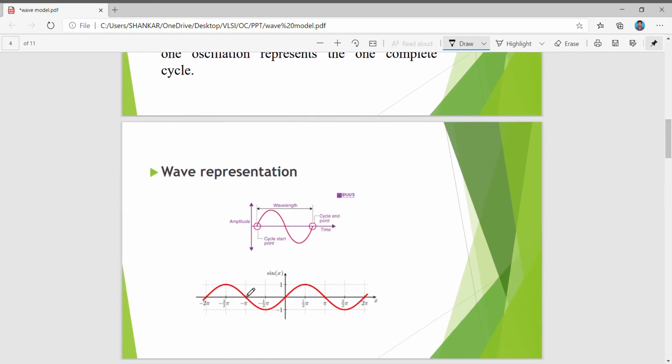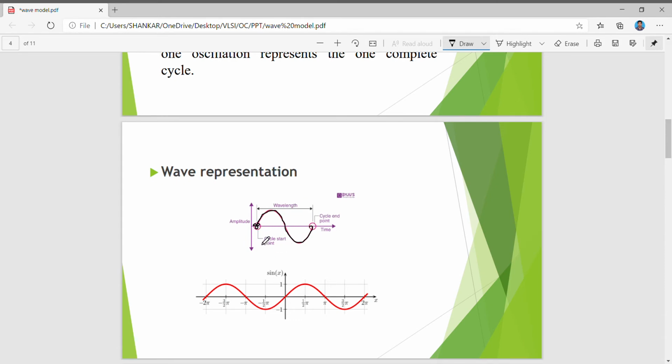See here, I gave an example. This is the general representation of a wave. This is the starting point, this is the positive half of the cycle, and this is the negative half of the cycle, with the ending point. This is the complete cycle and one oscillation.